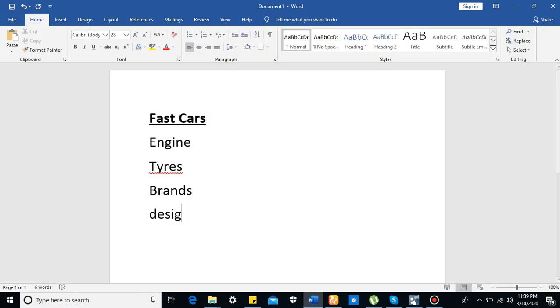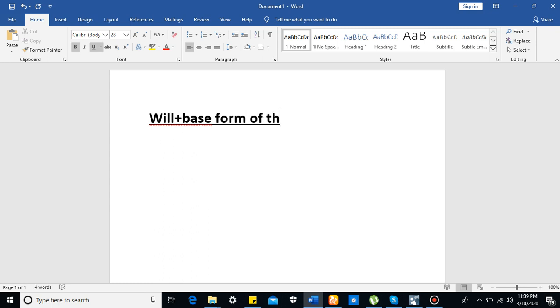The formula to create these sentences, meaning this is how you write them, is will plus the base form of the verb.